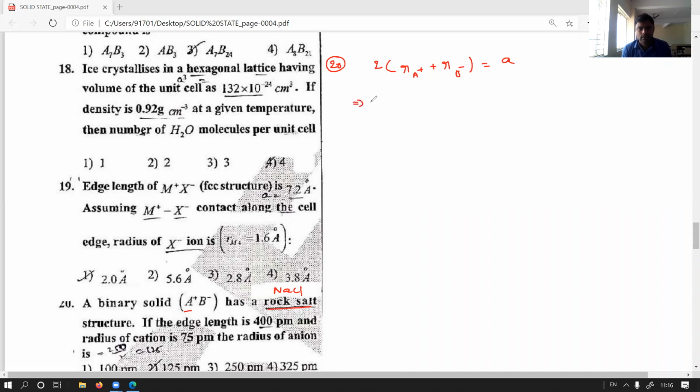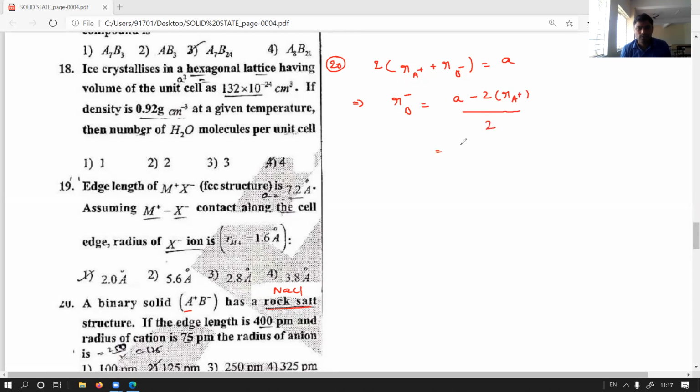Okay, then the radius of anion, B minus, is equal to A minus 2 into radius of cation, whole by 2.